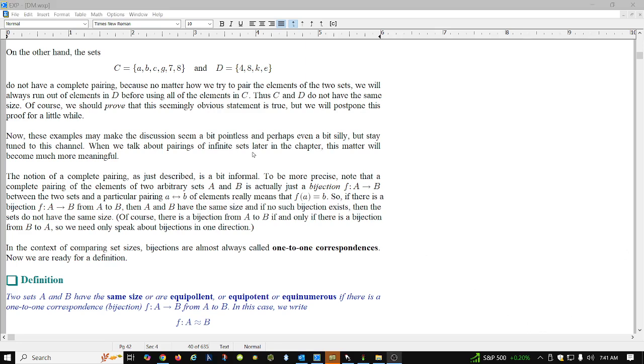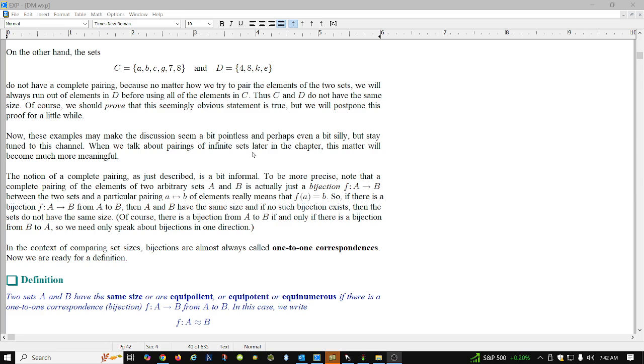Now, the notion of a complete pairing, the way I've just described it, is informal, and we should be more precise, and that's easy to do, because a complete pairing of the elements of two arbitrary sets, say A and B, is just a bijection from A to B, or from B to A. It doesn't matter.